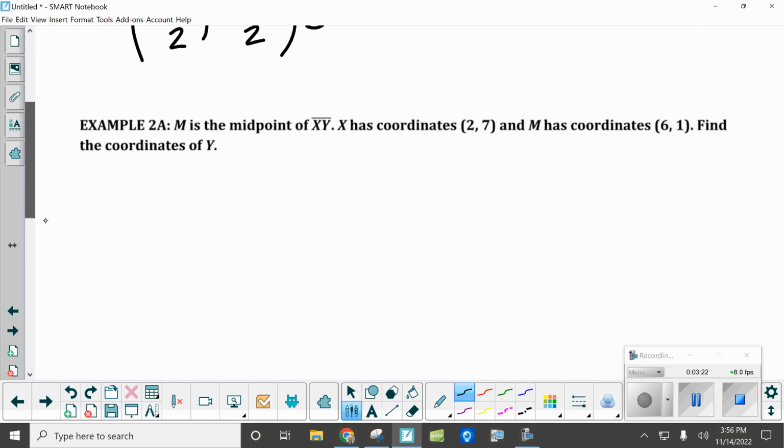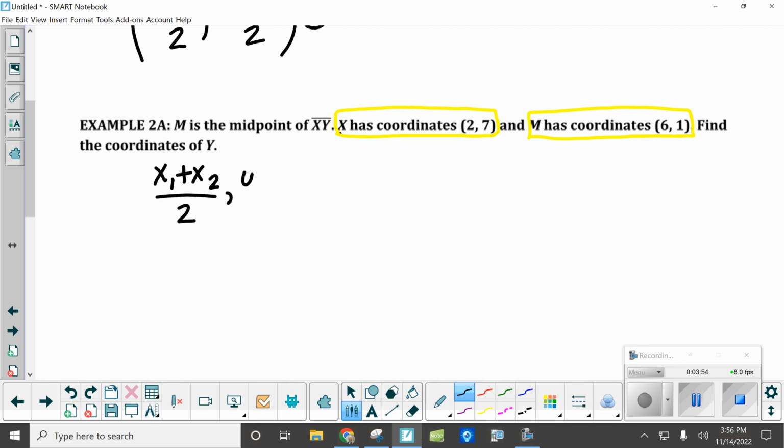Then finally, we have to do a little bit of solving here. So M is the midpoint. It has coordinates of 2, 7 at one endpoint. This is my x value that has coordinates, and I have my M, and then I have to plug everything in. The way you set this up is you remember x1 plus x2 over 2 and y1 plus y2 over 2 is your midpoint, and that will give you the x, y for your midpoint.